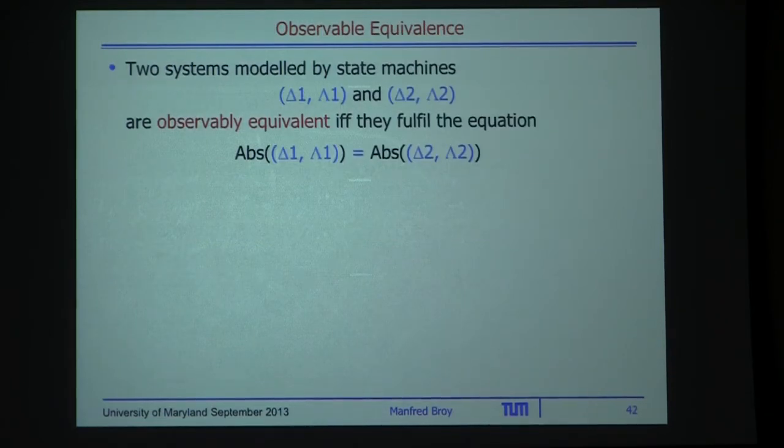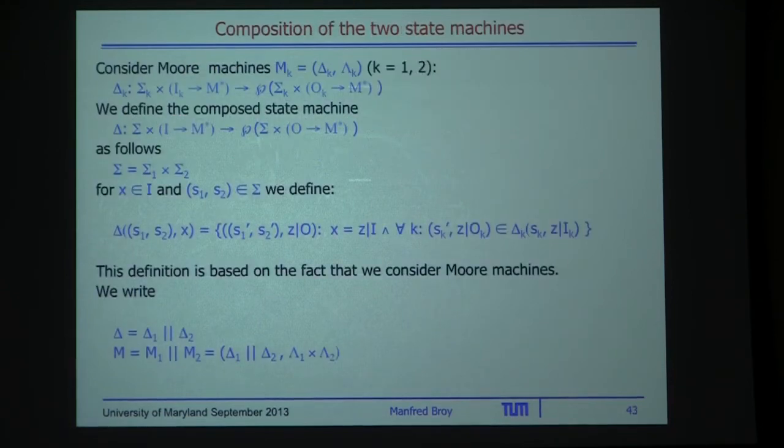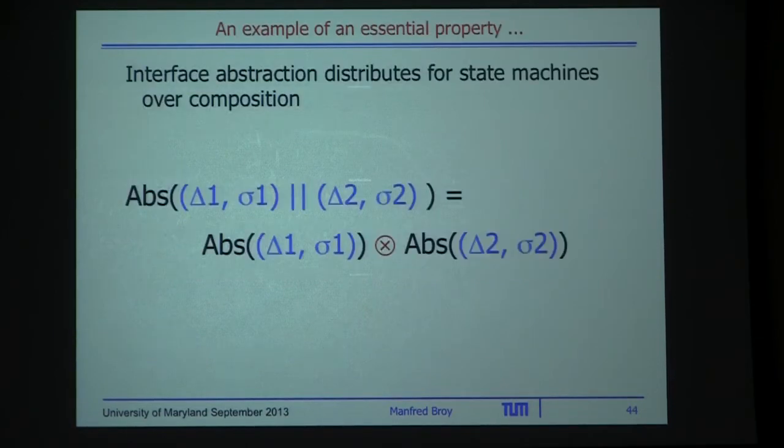And what is interesting is the following: if you introduce a notion of observable equivalence, you get a very important idea. Here I introduce parallel composition of state machines. I will not treat the formulas, because this is interesting. This is an important law you have to have when you do modeling.